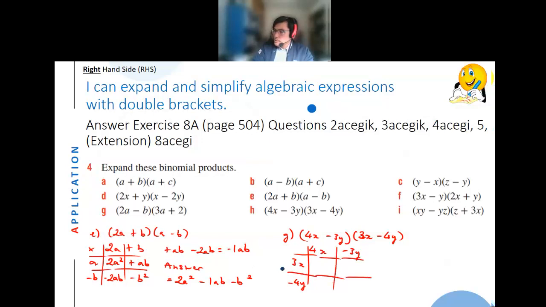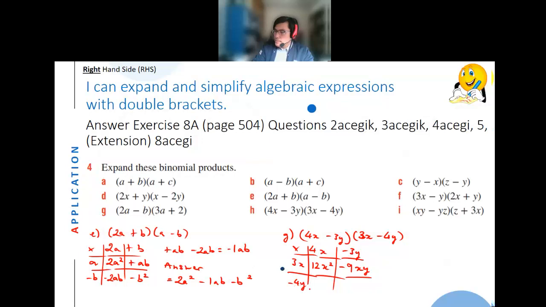Okay, so 4 times 3, that's 12. x times x, that's x squared. 4x times negative 3y, a positive and a negative is a negative. 4 times 3 is 12. And then we just have xy.